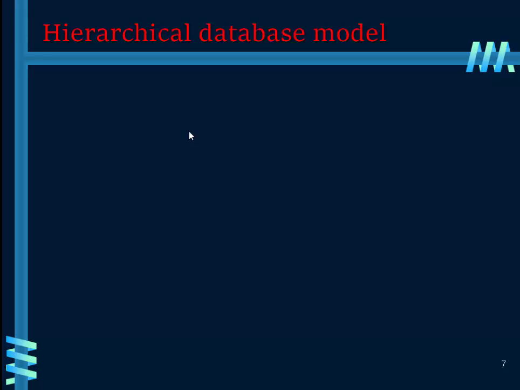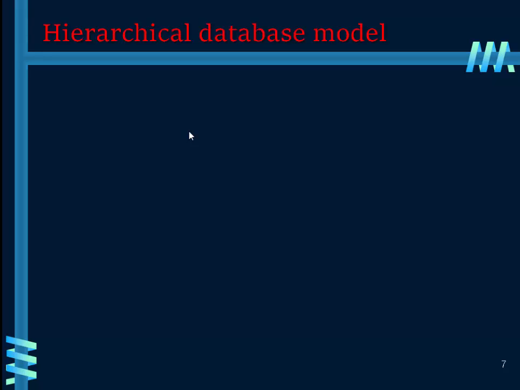First one is the hierarchical data model. This database model organizes the data into tree like structures. Hierarchical means one level below another, so the data is arranged in the form of a tree like structure. That's why this data model is called a hierarchical data model. It consists of a single root, and the remaining data is connected to this root.